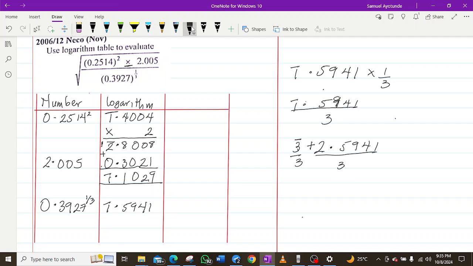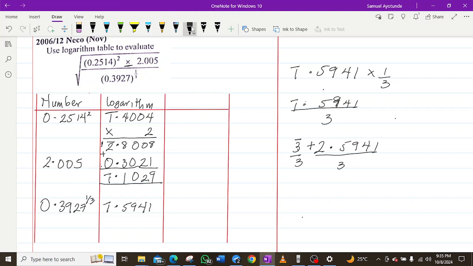So if you have any issue with multiplication and division of numbers with bar, please check the previous video we have made. You will see a video on the 4 basic operations for logarithm of numbers less than 1. In that video, you will be able to learn how we add, subtract, multiply, and divide numbers with bar.